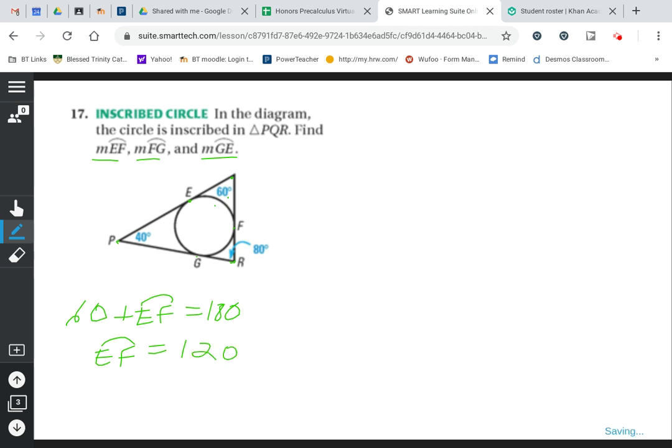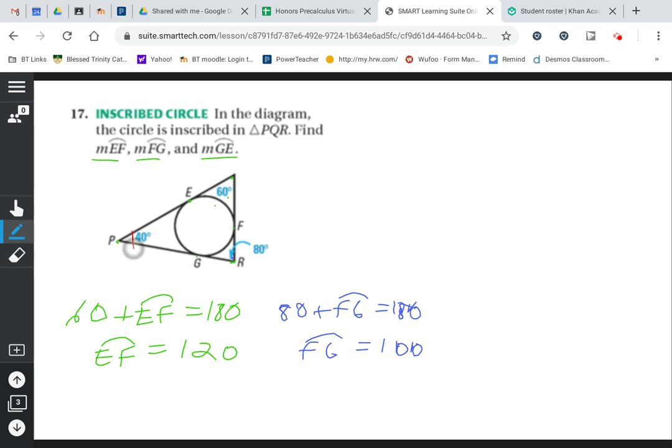And then I can do the same thing for R here. I can say that angle R, 80, plus FG equals 180, so FG equals 100.